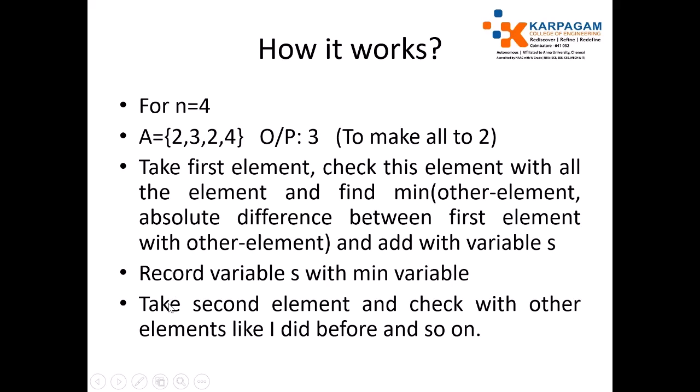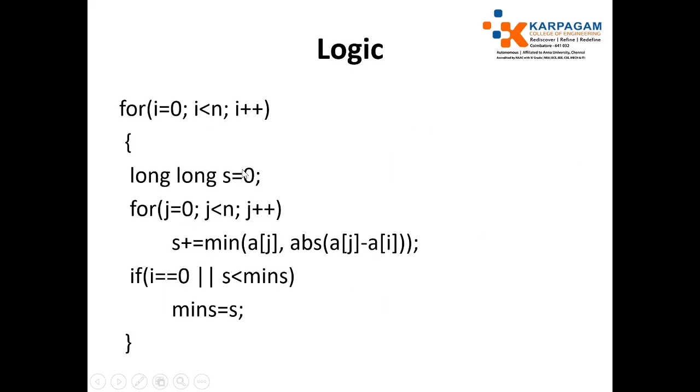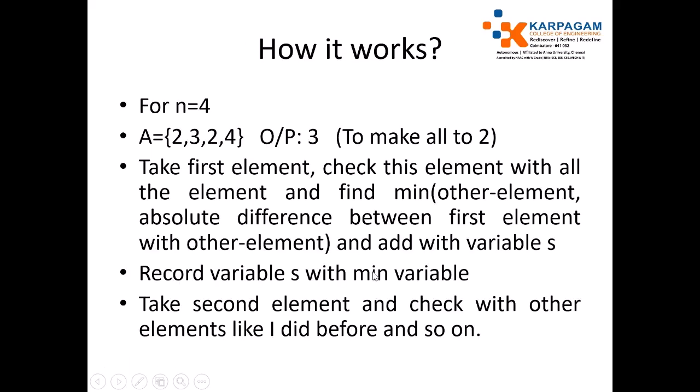In the second outer pass, take the second element and check with the other elements like I did before, and so on. Okay. For example, when I take the second element, I try to make all the elements 3. So you need to record the number of operations required to make all the elements 3 by using this loop. Okay. In a similar way, we can do it for all of them.